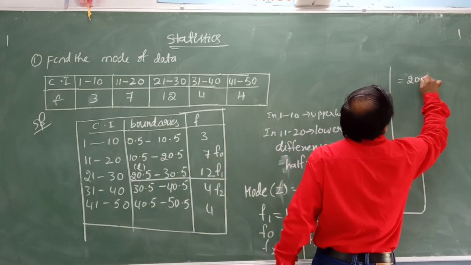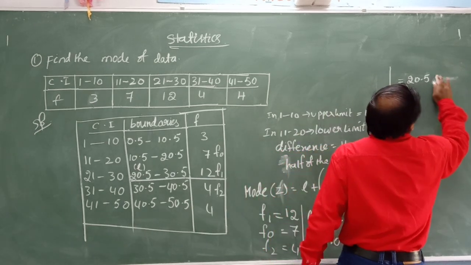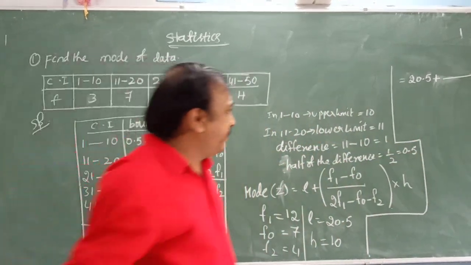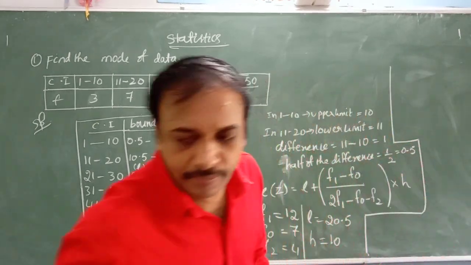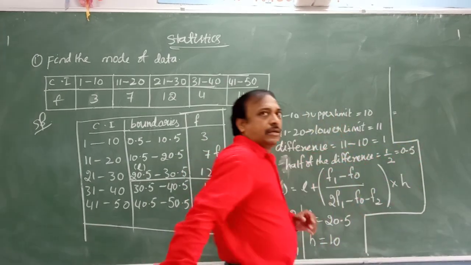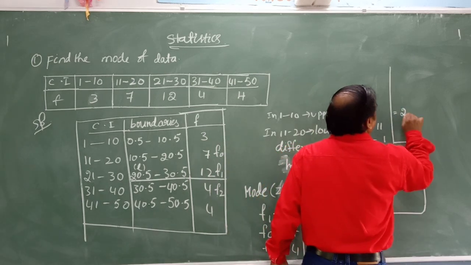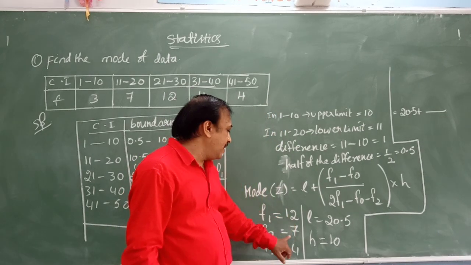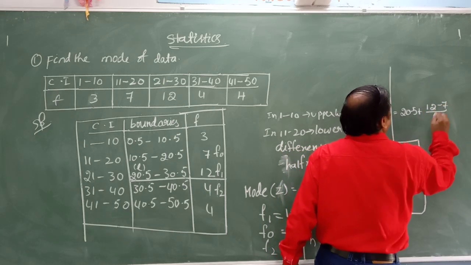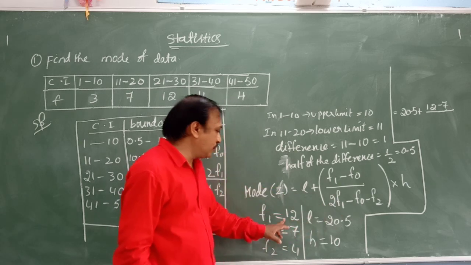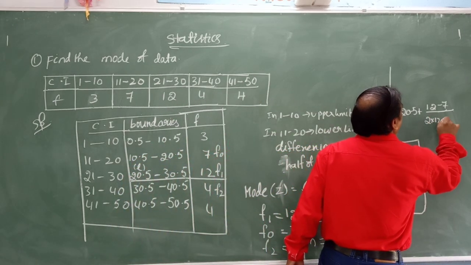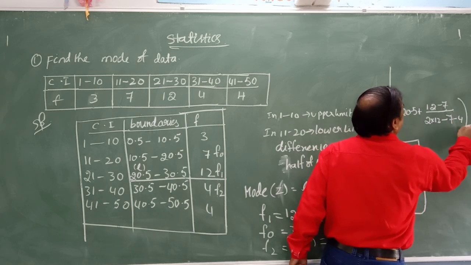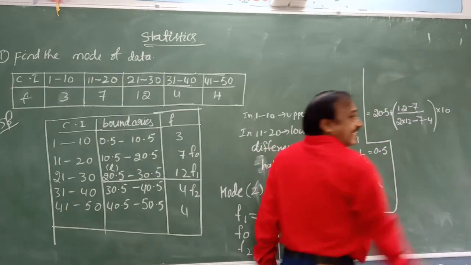So Z is equal to 20.5 plus f1 minus f0, f1 is 12 minus 7, by 2 into f1, 2 into 12 minus f0, 7 minus 4, into the h value, that is the class size, 10.